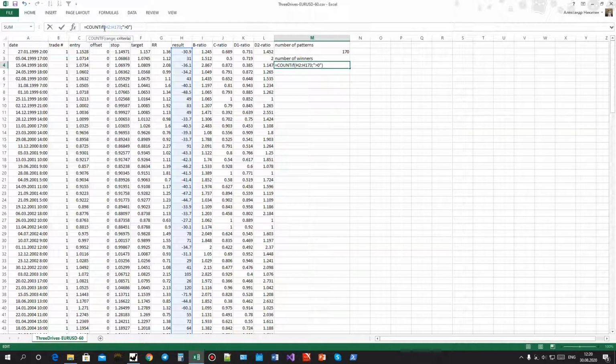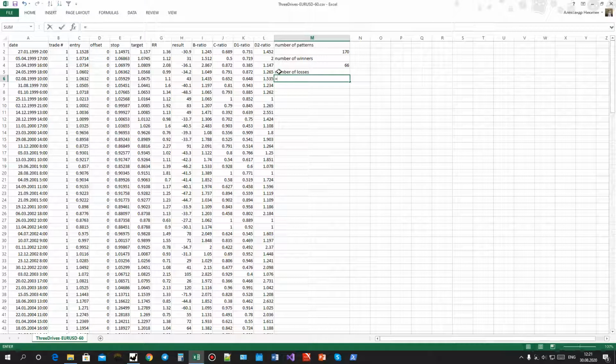Okay, so instead of this, let's choose the whole range. Okay, winners 66. Number of losses equals total minus winners. 104 equal to 104.